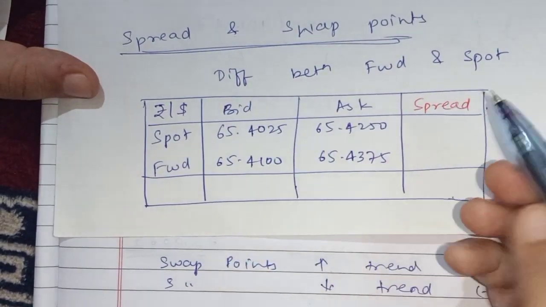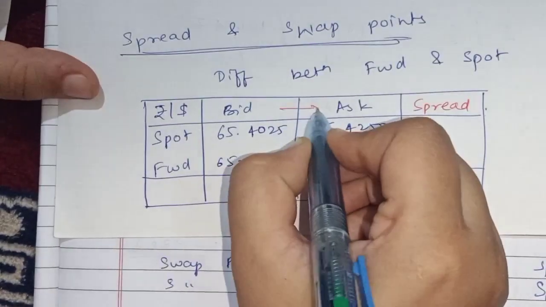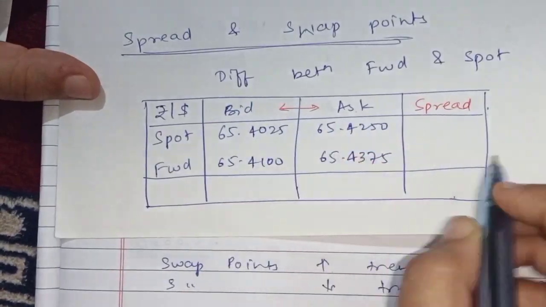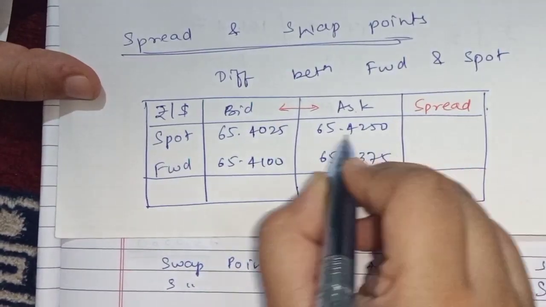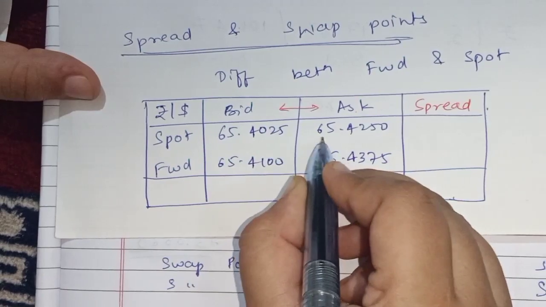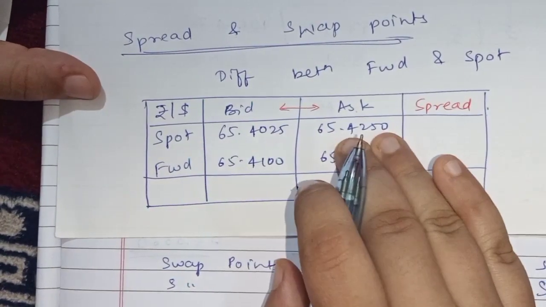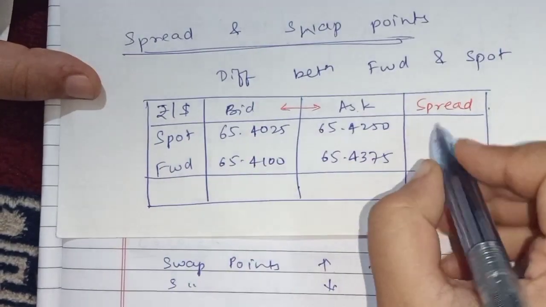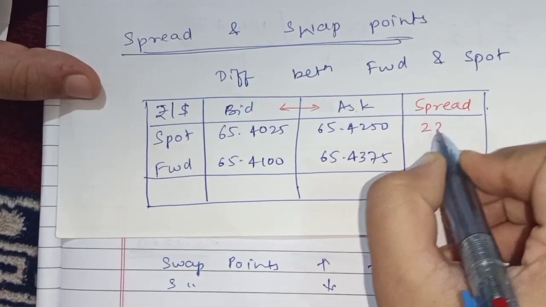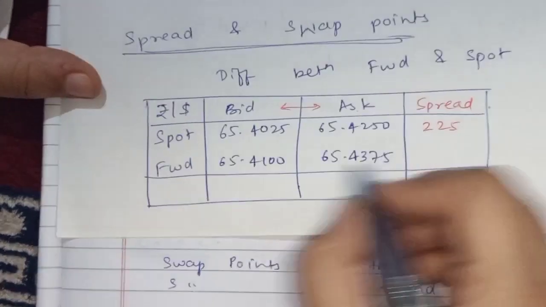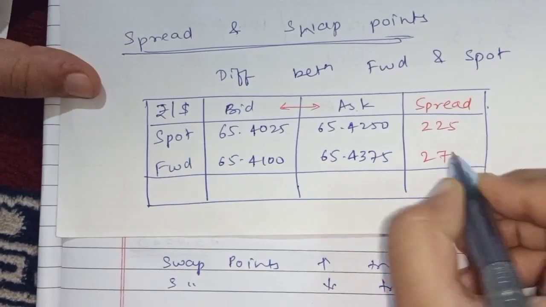We have learned the spread. Spread is the difference between the ask and bid rate. So the spread will be 4250 minus 4025; since 65 is common in all, we will just subtract the decimal points only in this case. So the spread here is 225 and in this case it's 275.